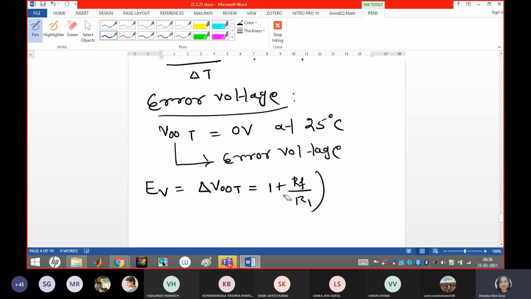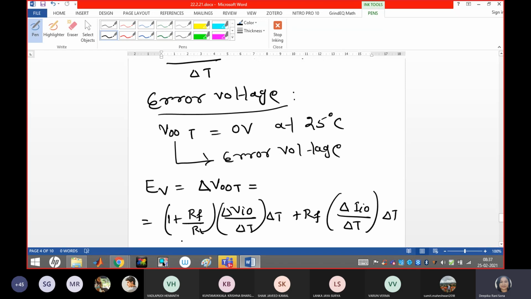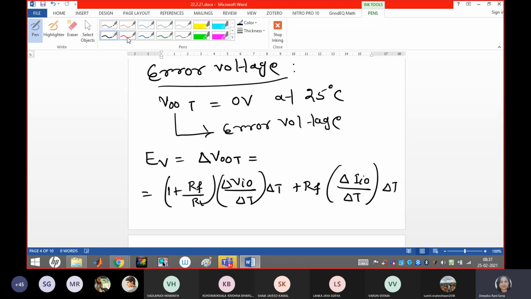Wait guys, I'll write in a single line. One plus RF by R1 into del VIO by del T whole into del T, plus RF whole into del IIO by del T into del T. So this error voltage could be positive or negative. Now guys, you tell me what is this whole term.